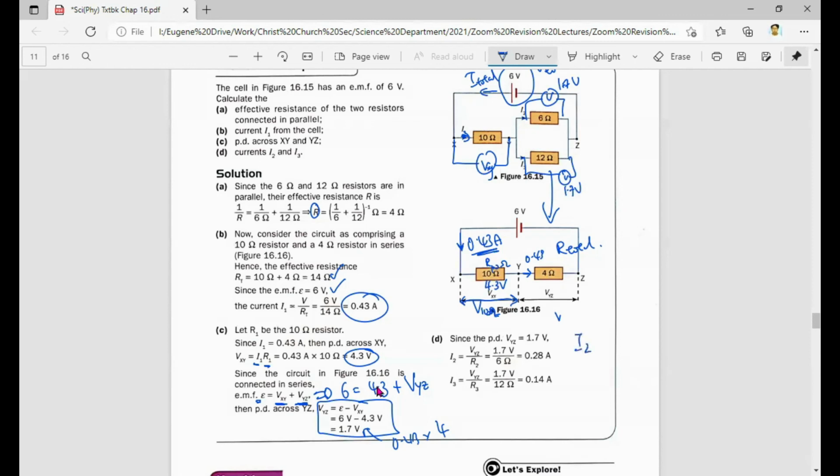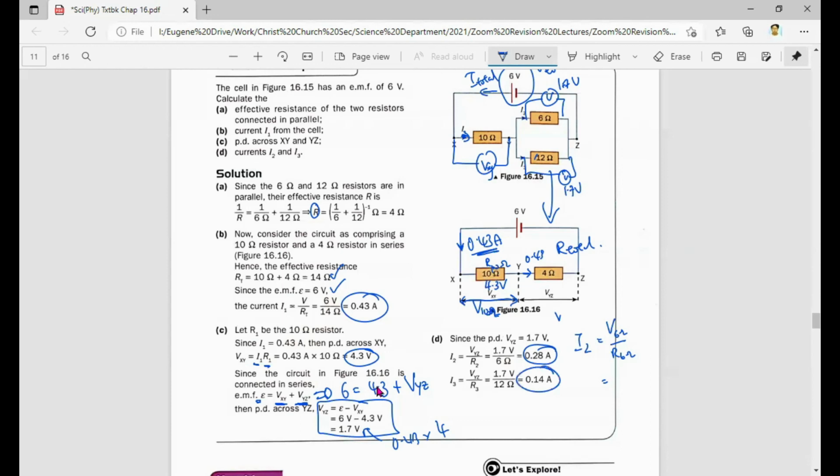So I2 is the voltage across the 6 ohm divided by the resistance of the 6 ohm. So you get 1.7 divided by 6, 0.28 ampere flowing through here. I3 is the potential difference across the 12 ohm, which is 1.7, divided by the resistance of the 12 ohm, 12, and you're going to get 0.14.